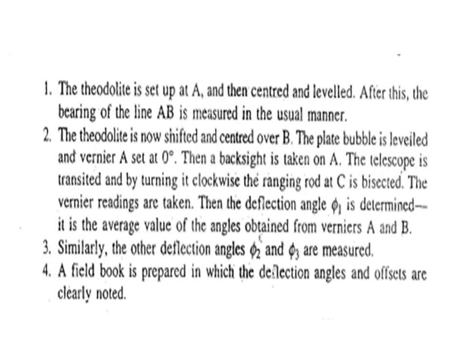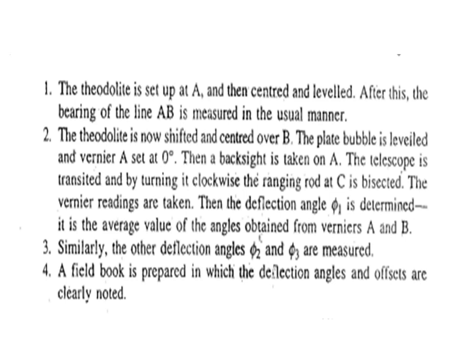Then the Theodolite is set up at A and then centered and levelled. After this, the bearing of line AB is measured in the usual manner. Then the Theodolite is shifted and centered over the point B. The plate bubble is levelled and vernier A is set at 0 degree. Then a backsight is taken on A. The telescope is transited and by turning it clockwise, the ranging rod at C is bisected.